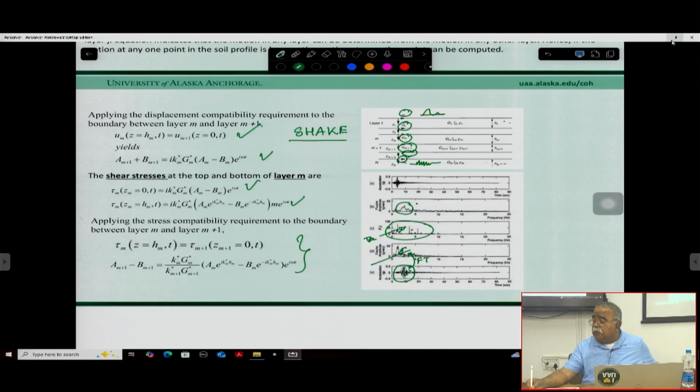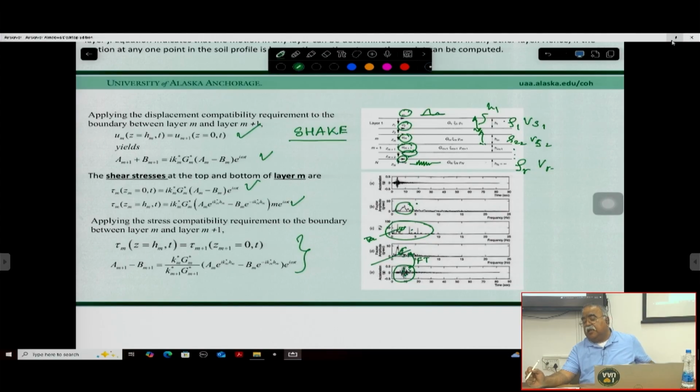You have to define for each layer the density and the velocity. So density and velocity for layer 1, density and VS2 for layer 2, and so on, and also the density of the rock and the velocity of the rock. That you have to define, and also the depth of each layer you have to provide, right?